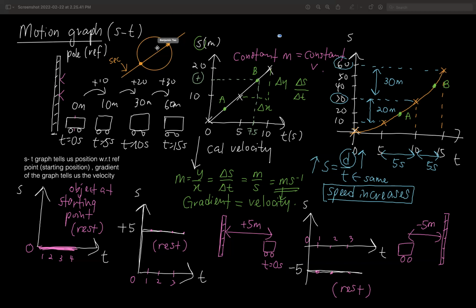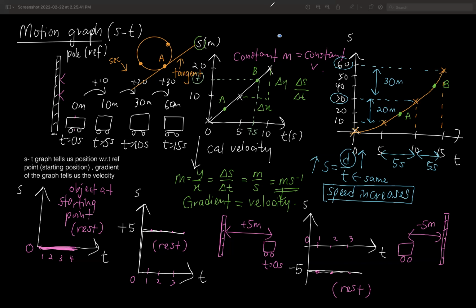Now, if I move this line, I push it all the way to the edge of the circle, such that it only touches the circle at 1 point. Then this line, we call it a tangent. A tangent line is a line that touches the curve at only 1 point.